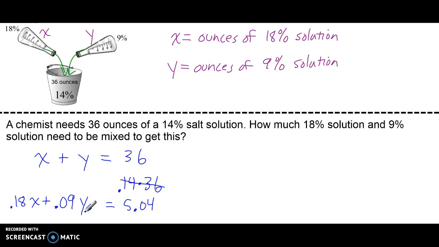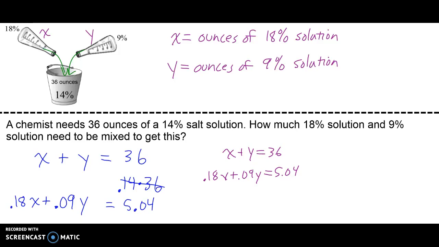Okay, we now have a system of equations that we want to solve. We have the equation x plus y equals 36. We have the equation 0.18x plus 0.09y equals 5.04. And that's a pretty tough system of equations. You can solve it using substitution, or you can solve it using elimination. What I'm going to do here is solve it using elimination.